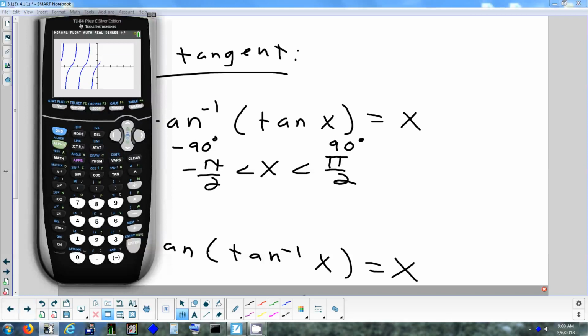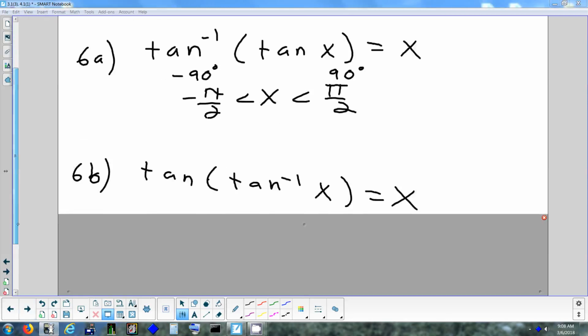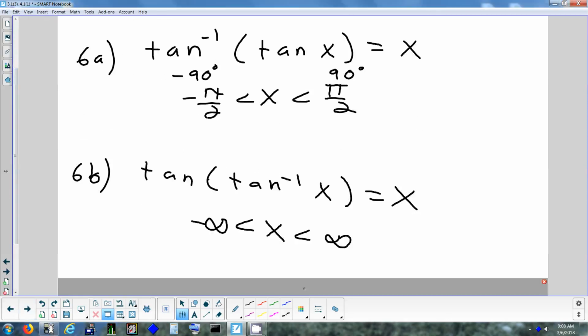Definitely has a pattern to it, but it's not a wave. How high and low does it look like that one goes? Any guess? Yeah, go ahead, Ethan. Infinite. Yeah, it does. You can zoom out, but it doesn't stop. It just goes up forever, and it goes down forever. So the restriction here is, there isn't one. X can be any number that you want, as high or as low as you want to go.